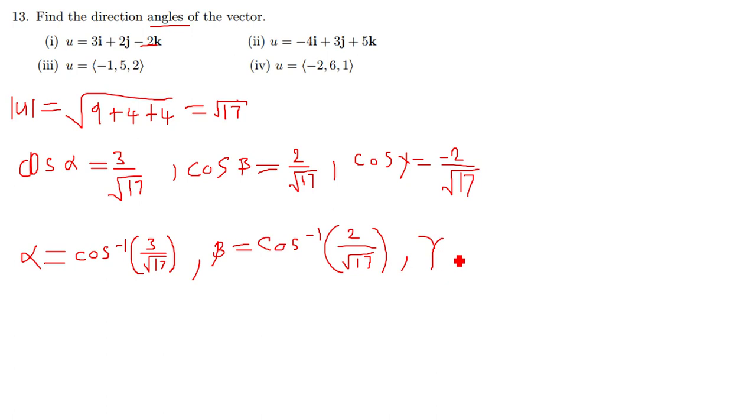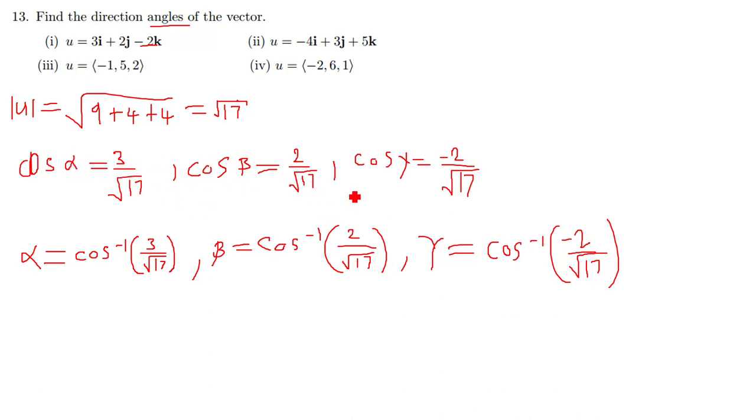The same applies to gamma: gamma is cos inverse of negative 2 over the root of 17. Sometimes it's important to rationalize these, because if you rationalize them, you may discover that they give special angles. But I'm pretty sure when you do that here, you still remain with the same answer.